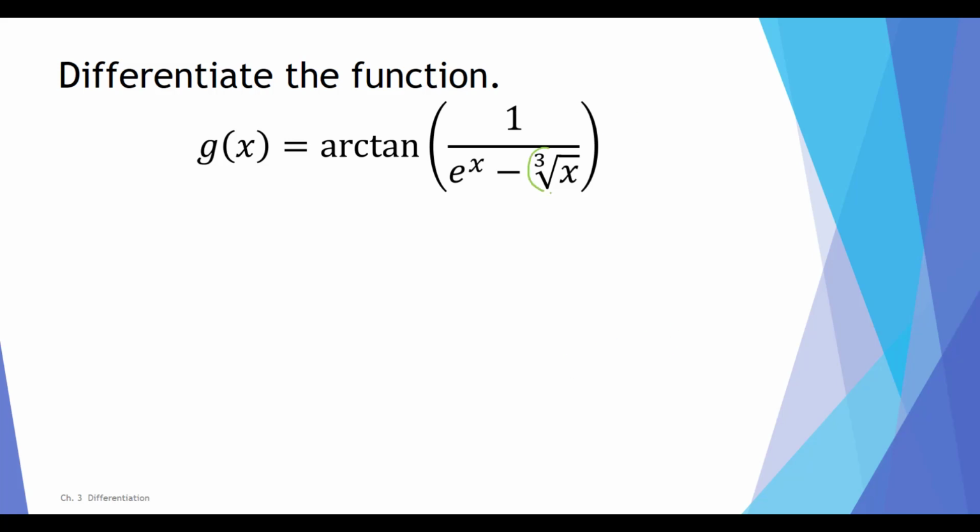Remember, the cube root of x is x to the 1/3, and 1 divided by an expression is that expression to the negative 1 power. So our function can be rewritten as arctangent, or in other words, tangent inverse of (e to the x minus x to the 1/3), all to the negative 1 power.